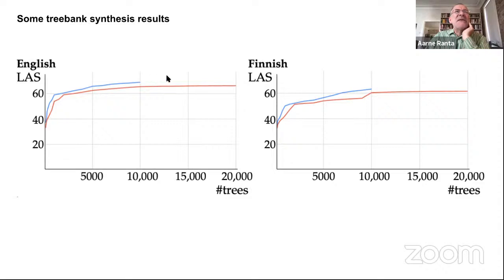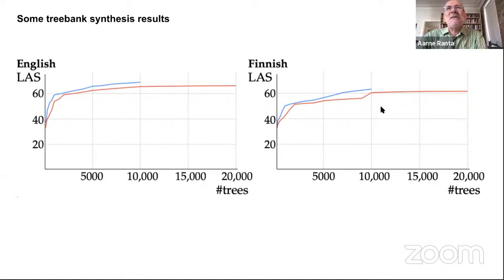We generated random trees, completely from scratch, and then we trained parsers with different numbers of trees and saw how good the parsing accuracy was with respect to a test tree bank, which was not generated by us, but was the standard native tree bank. And in both languages, we ended up somewhere around the 60s.